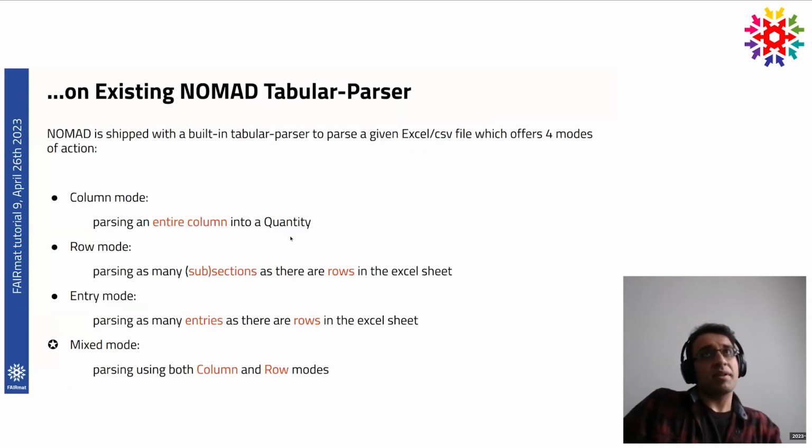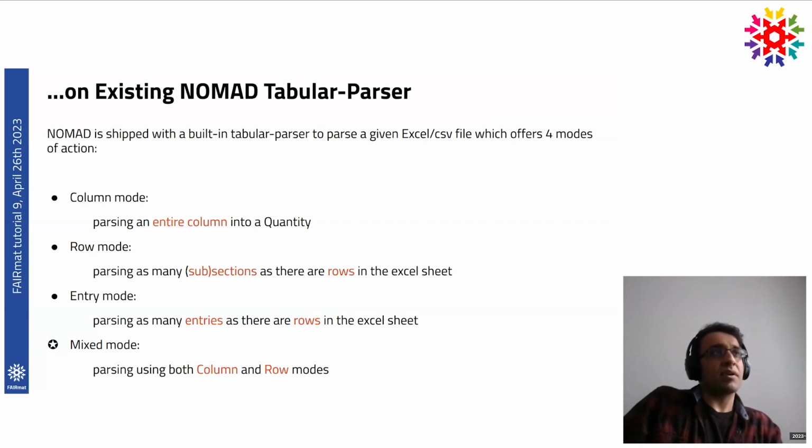So in NOMAD, we already have this tabular parser, which has several modes of action. I'll briefly describe the first one, the column mode, in which, imagine you have an Excel file, you can parse one entire column of your Excel sheet into one quantity.